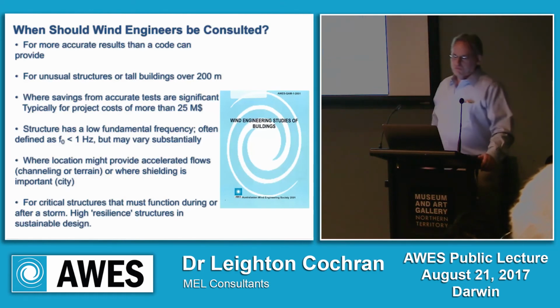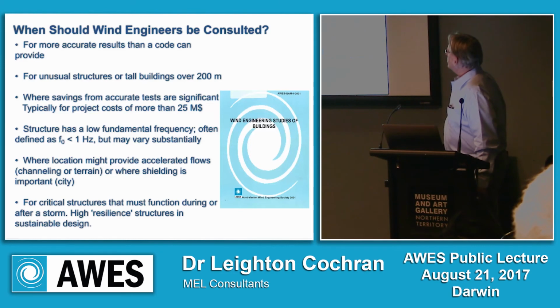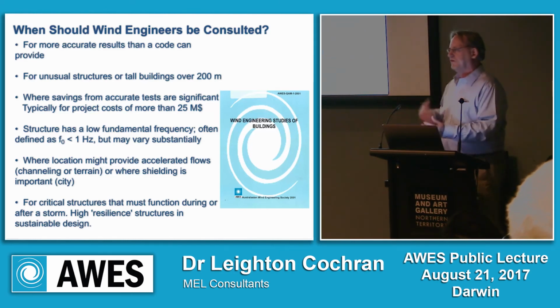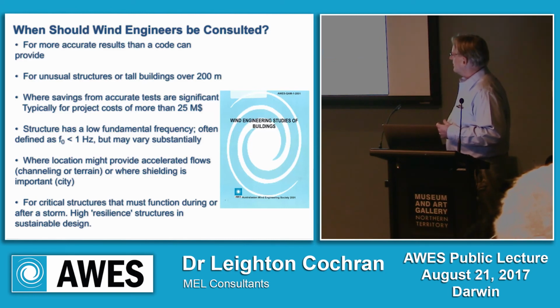Okay, so here are some ideas of when you should talk to a wind engineer. I would encourage you to do it early in the project so we can have some input into the shape and orientation of the building. Tall and skinny buildings, though the cost margin has less to do with height and more to do with the value of the building or the complexity of the architecture.